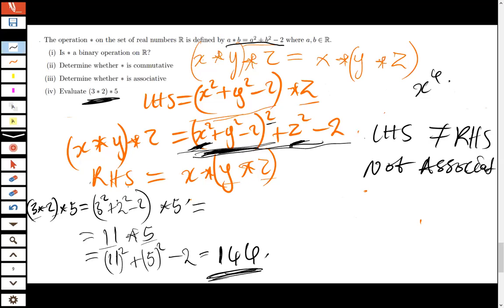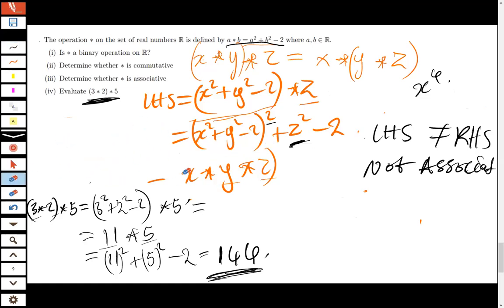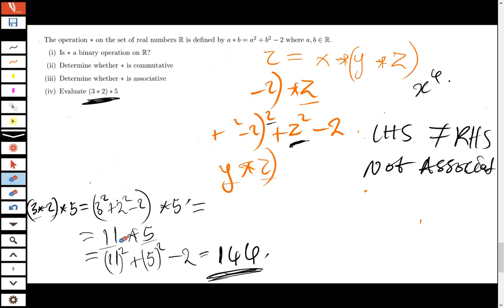I wanted to find out why we were squaring the 5 there. The reason we're squaring the 5 is, on the last point there, it became our b. 11 was our a, and then 5 became our b. We're finding 11 star 5. So while there is a, we put 11, while there is b, we put 5. Okay, all right. Thank you.